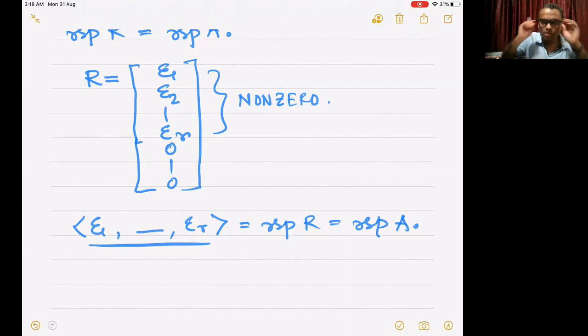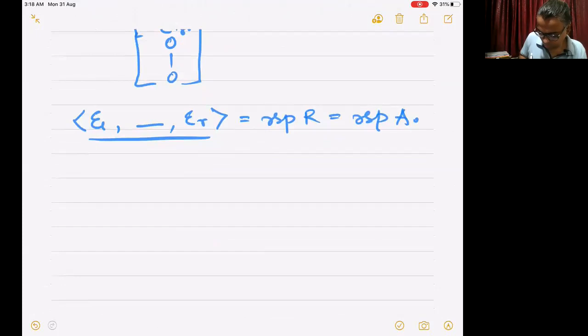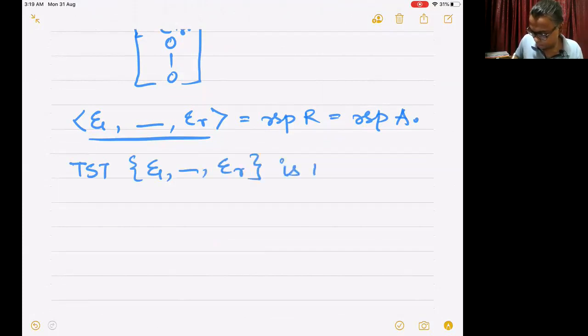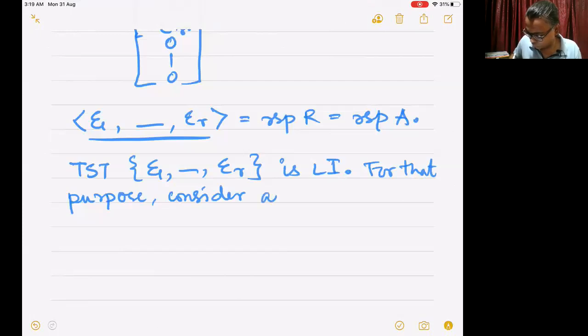Now when will it turn out to be a basis? Well, of course, if they are linearly independent, but then it has to be true. Why? Let me do this. So to show that E1 up to ER is linearly independent, for that purpose, consider a linear combination of epsilon 1 up to epsilon r.